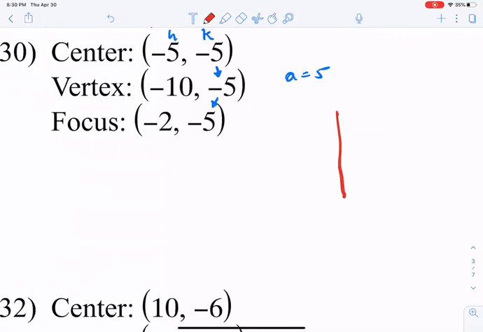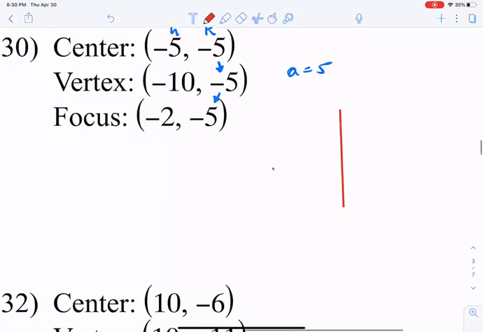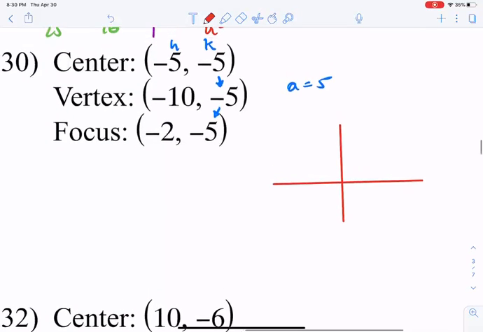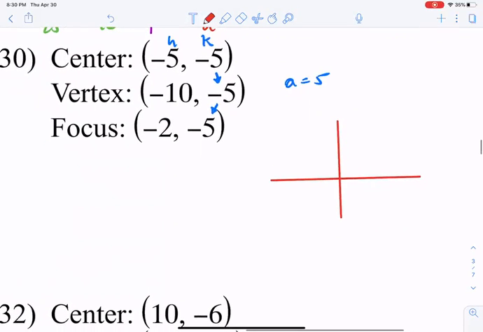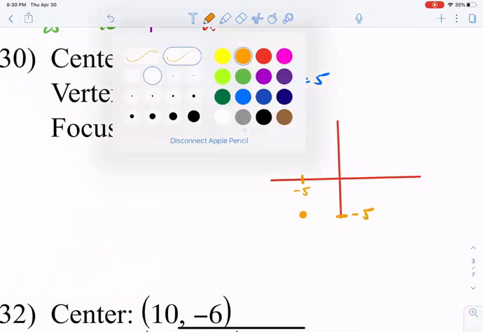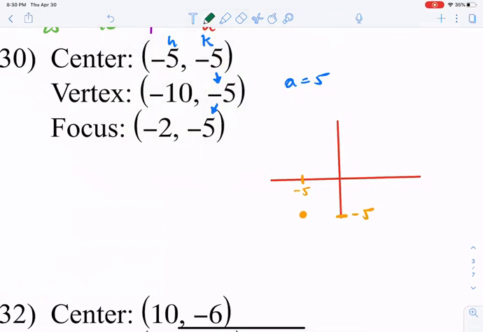I'm going to show you, because this might be a little bit confusing at some point. Let me draw this picture for you. So I have the vertex at (-5, -5). So this is my point here. And then I have, let me put that in green, -10 for x and -5 for y.